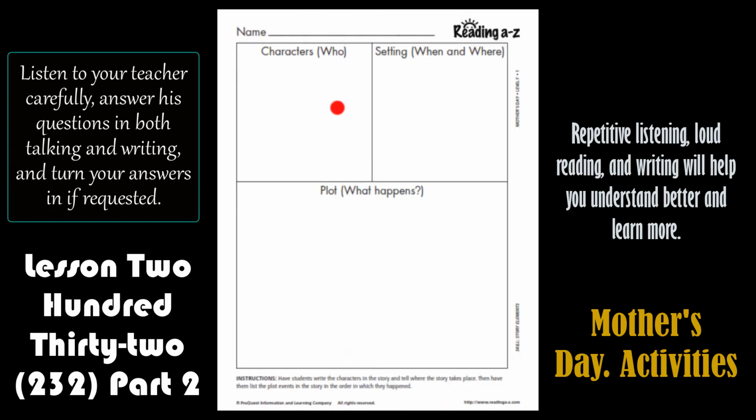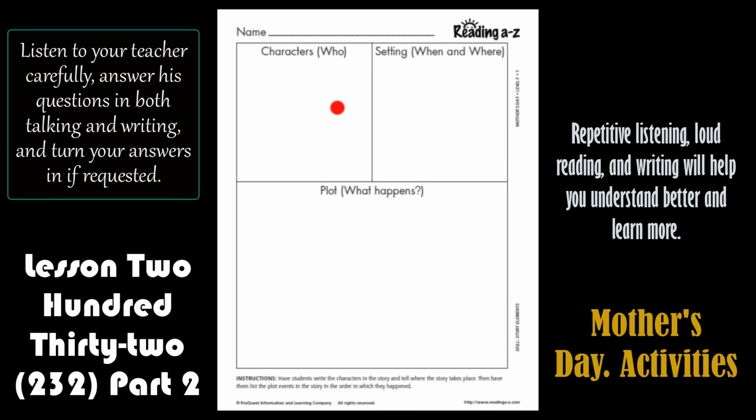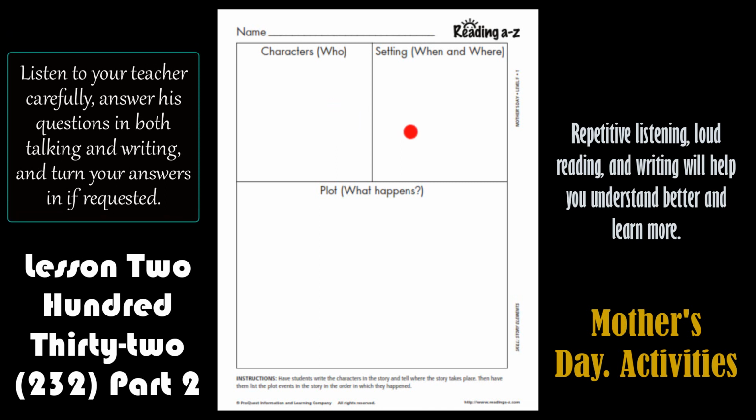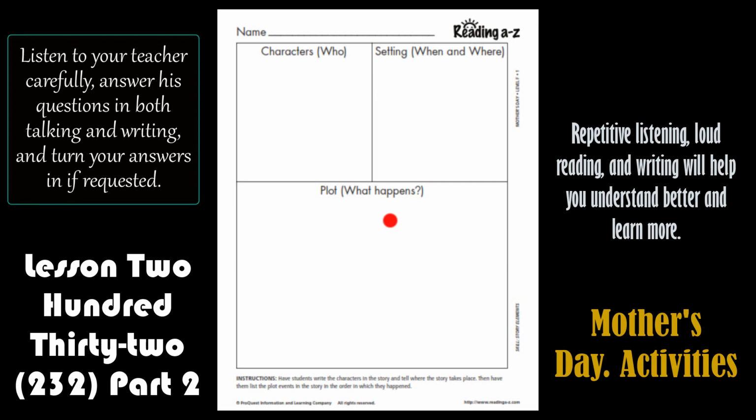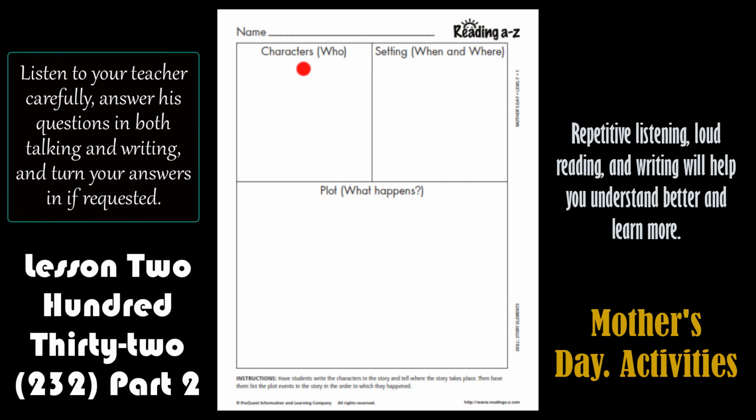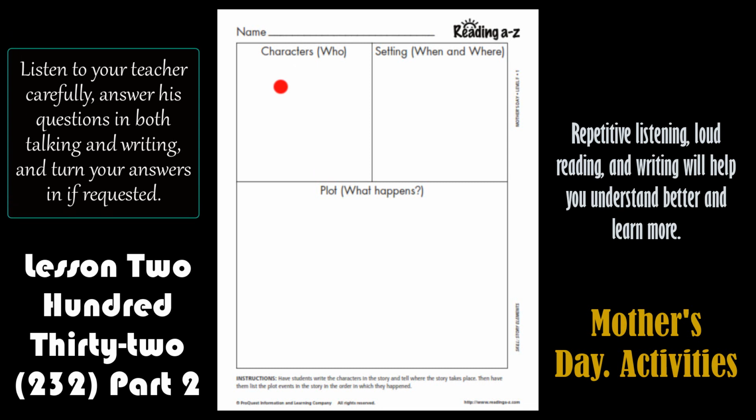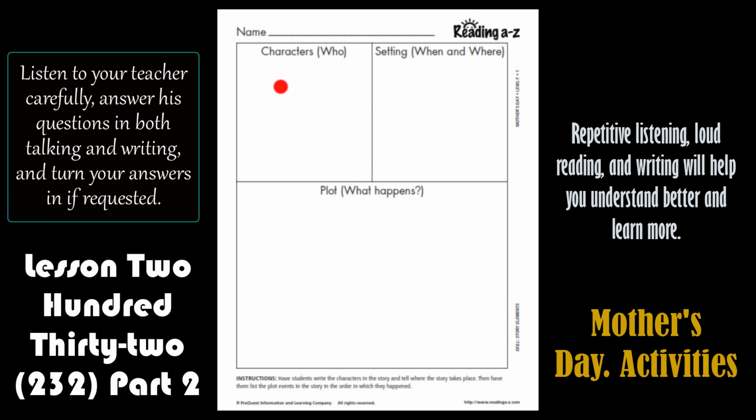This is activity 1. It consists in completing the sketch of the story in the lesson. In this sketch, we find 3 parts. One is about the characters, the people who take part in the lesson. There are 3. We don't know their names, but they are clearly identified.